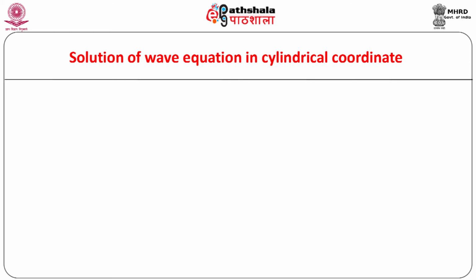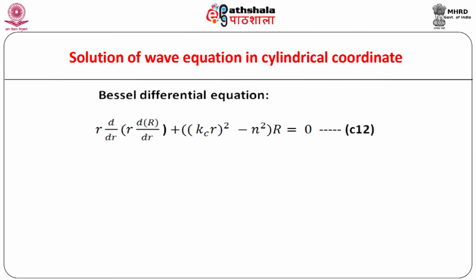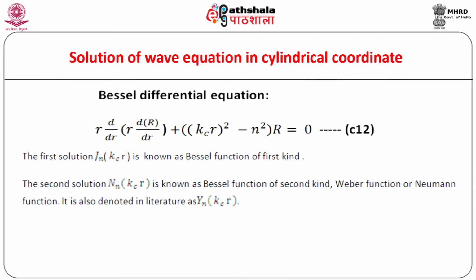Now, consider Bessel differential equation C 12. The Bessel equation has two solutions, Jn of kc r and Nn of kc r. The first solution, Jn, is known as Bessel function of first kind and the second solution, Nn, is known as Bessel function of second kind, Weber function or Neumann function.